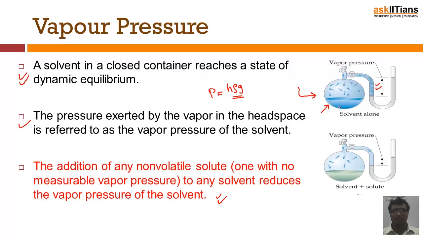For example, initially let's suppose this solvent has a vapor pressure P0, and because of the addition of this non-volatile solute, the vapor pressure of the solvent reduces to P0 minus Ps. This is the difference which occurs because of the addition of a non-volatile solute. So the important point is, if you are adding a non-volatile solute to any solvent, it reduces the vapor pressure of the given solvent.